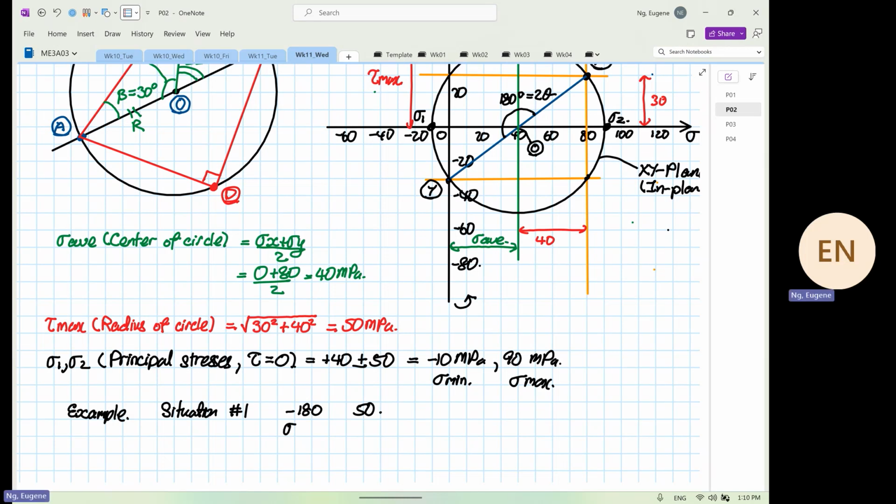This is your stress min and this is your stress max. But if your stress allowable is at plus minus 90 megapascal, what are you going to say? The structure failed with its minimum stress. Ta-da!